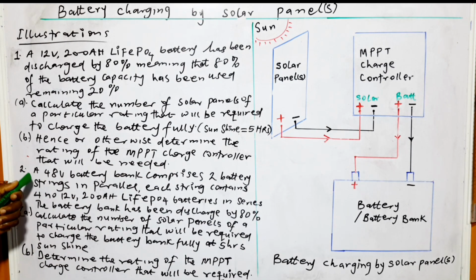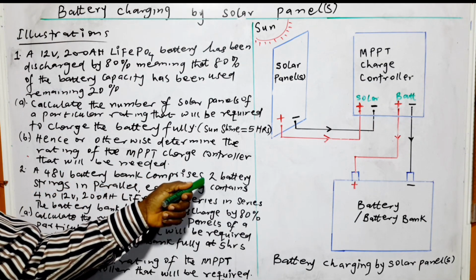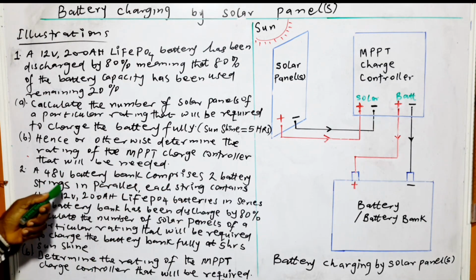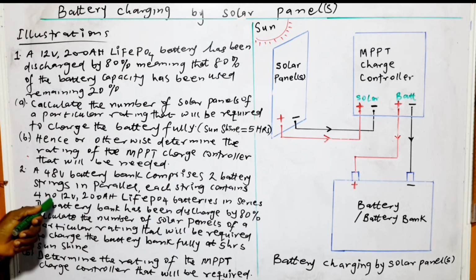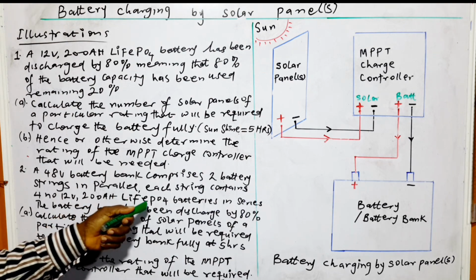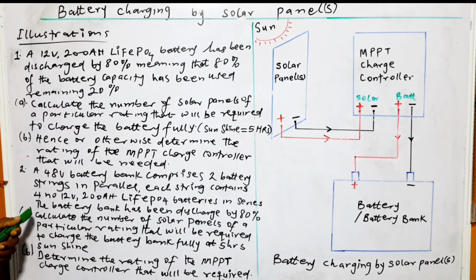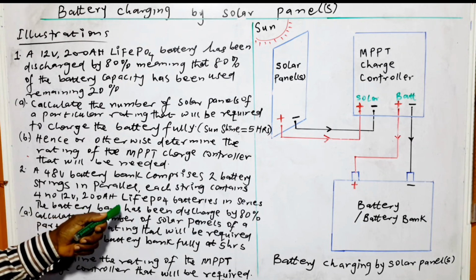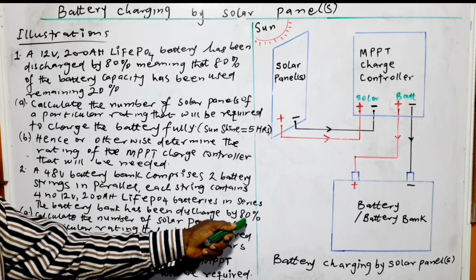Number 2: a 48 volt battery bank comprises 2 battery strings in parallel. Each string contains 4 number 12 volt 200 ampere hour lithium iron phosphate batteries in series. The battery bank has been discharged by 80%.